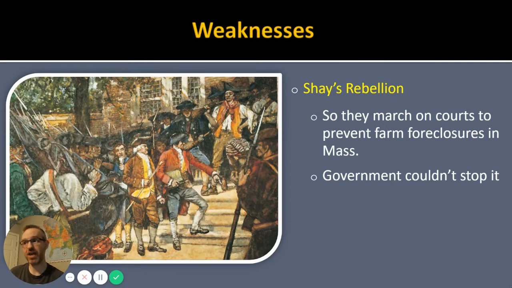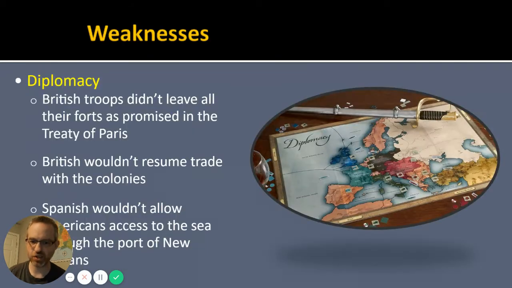The idea is if you can't get into the courthouse, you're not going to be able to finalize the foreclosure proceedings on my farm. And the government could stop it if they could raise an army to go out there and put him down, but they can't because nobody wants to join an army that isn't going to get paid, right? So it's just this obvious event that makes us realize, shoot, this is broken.